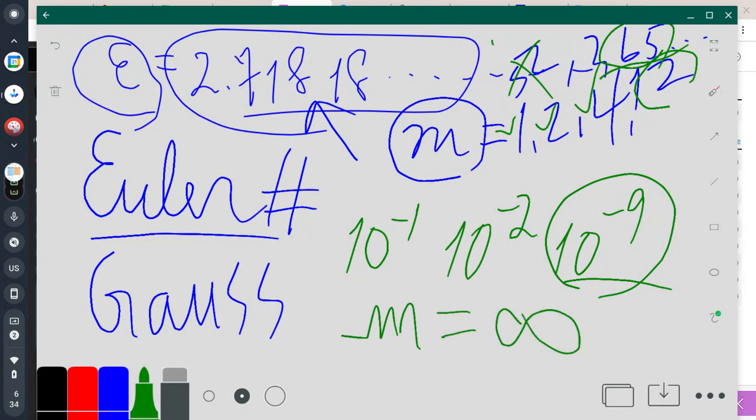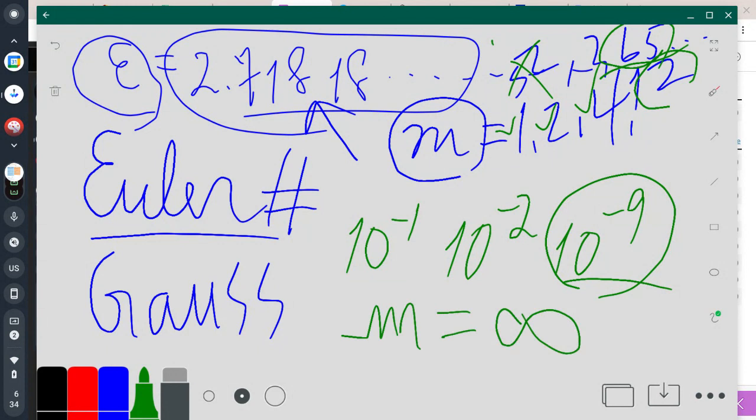Of course, infinity, right? Think about it. Infinity is a number that is undefined because it is so huge, right?